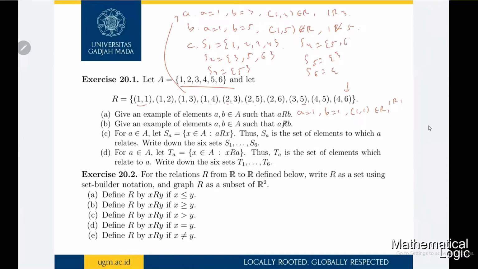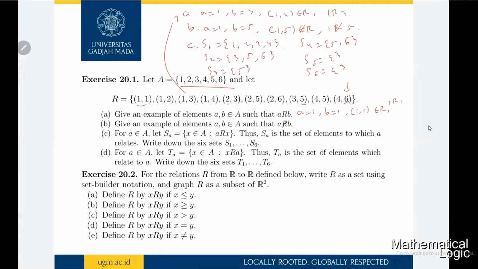Sorry, I misread this one. So S4 contains 5 and 6. S5 is empty, and S6 is empty set. Any correction maybe? Maybe I'm not careful enough. Yeah, should be correct, right?